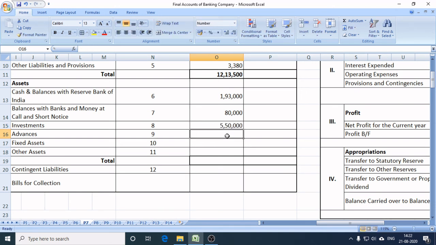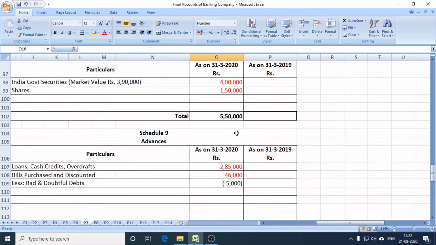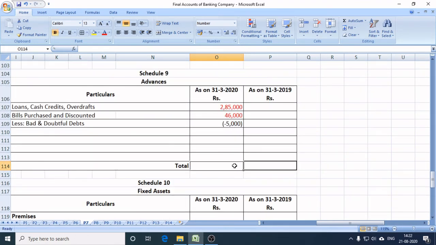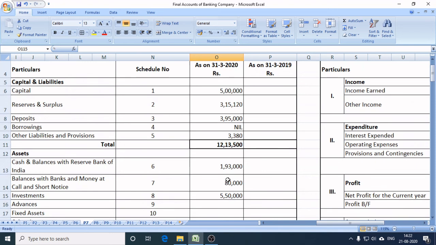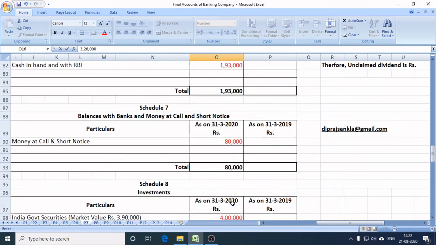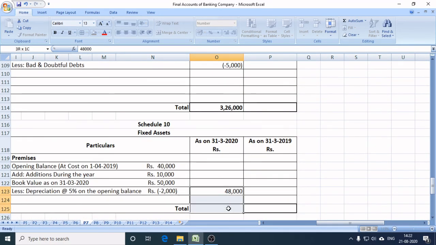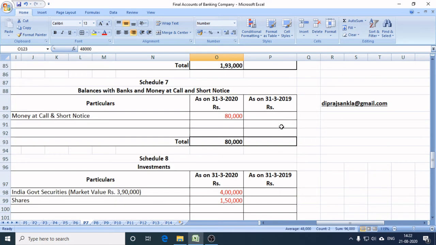Okay, then schedule number 9. Let's make addition first. We'll do like 85,000, then 46,000, and from the total deduct 5,000 rupees. So 3,26,000 rupees here, schedule number 9. Okay, next is number 10, 48,000 only.